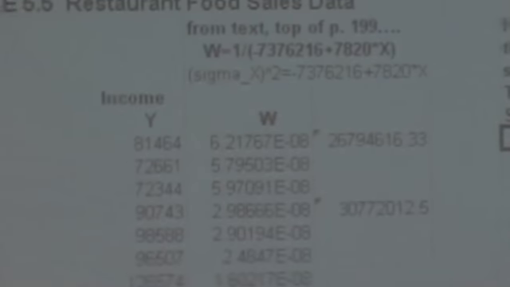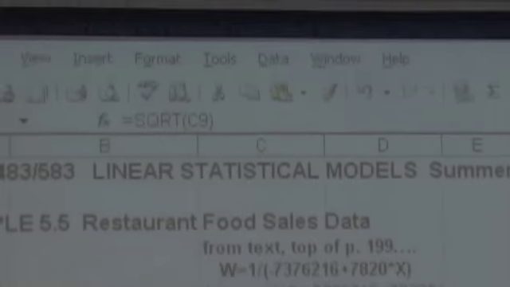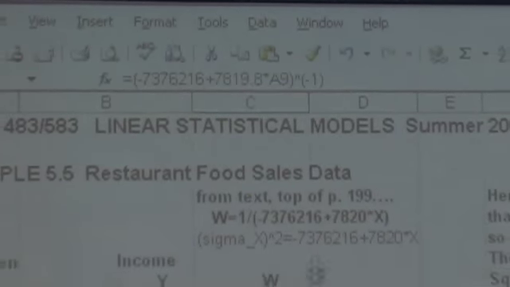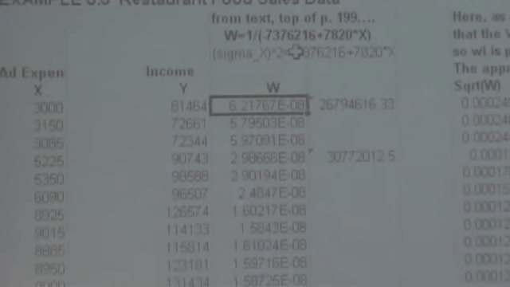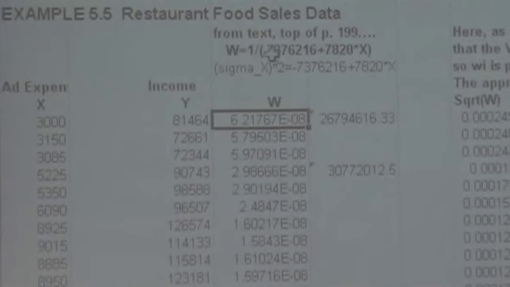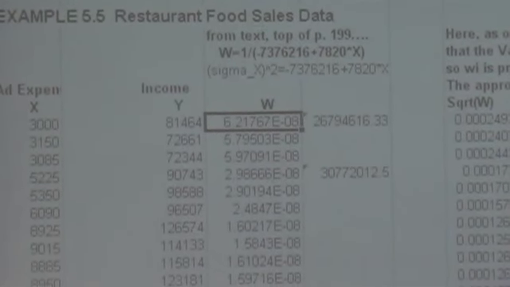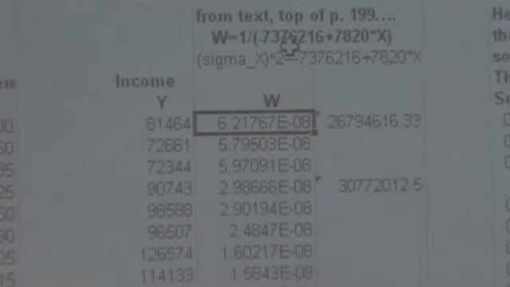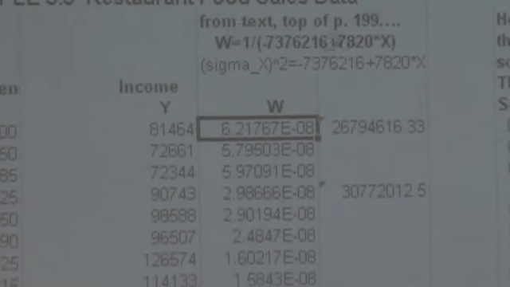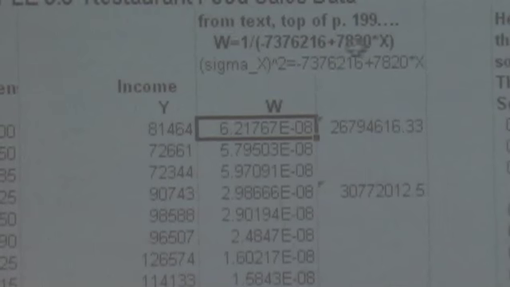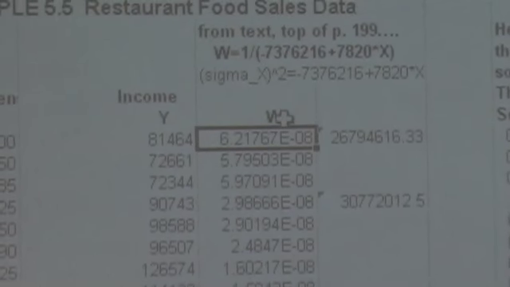It's the square root of C9. Here are my W's, from this formula. W was 1 over the variance, so it's 1 over this formula. I put it to the minus 1 power. W is 1 over the variance.